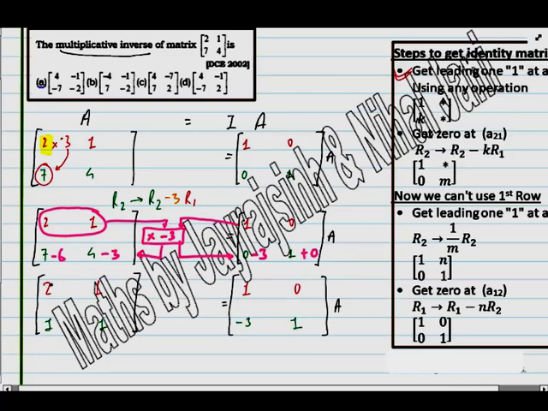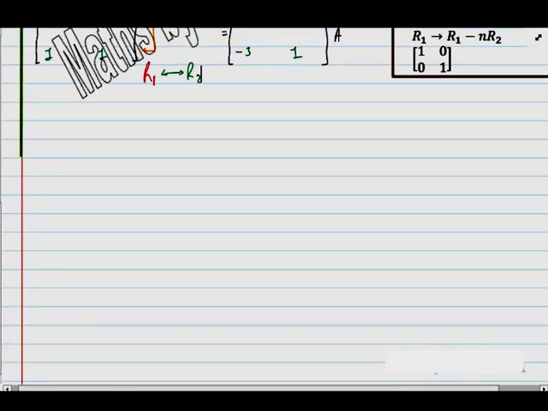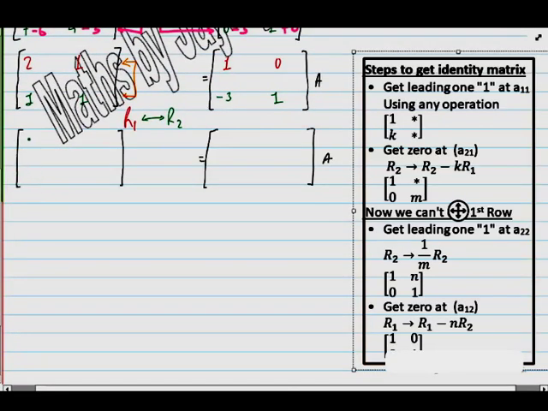So we get the 1, but it is not at the A11 place. We get 1, but not at A11. So for that we have to exchange the first and second row. So we will exchange the first row and second row. So our matrix will become 1, 3, 1 and 2, 1, 1, 0.